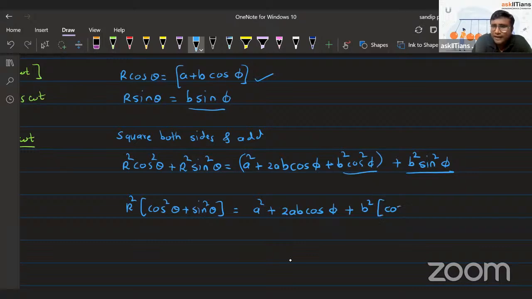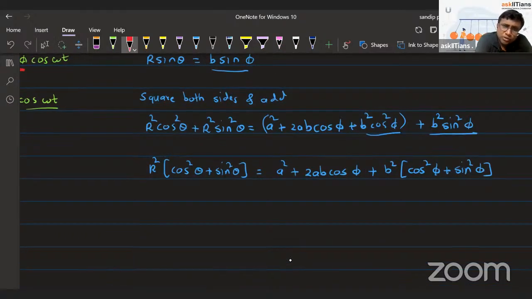So in the bracket, I will have cos square phi plus sine square phi. So this whole thing we can call as 1. So r square is equal to a square plus 2ab cos phi plus b square.